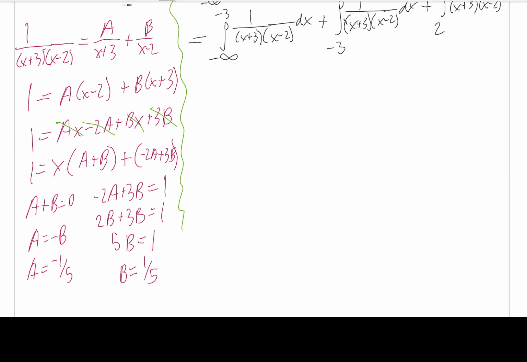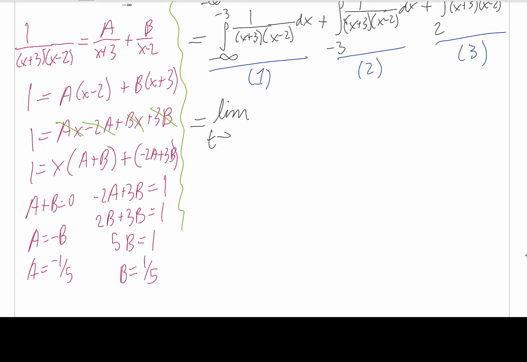Alright, what I'm going to do is go ahead and label these. We're going to call this portion integral 1, this portion integral 2, this portion integral 3. My hope is that I evaluate one of these and that it is going to diverge. Okay, so the way we're going to do this is for this first portion, we'll have a limit.